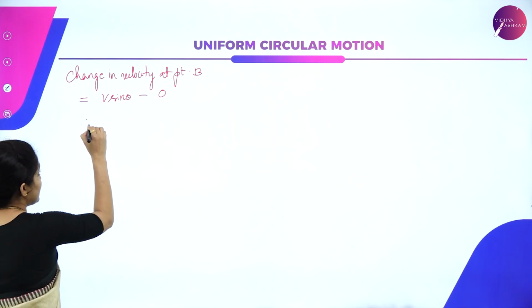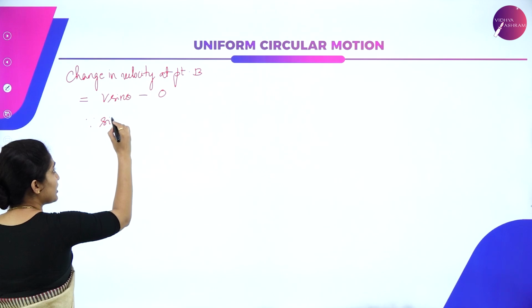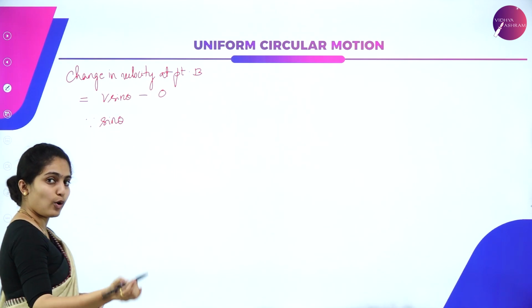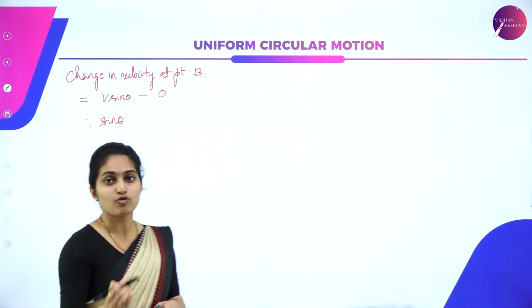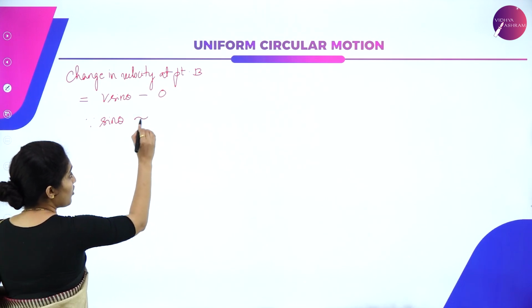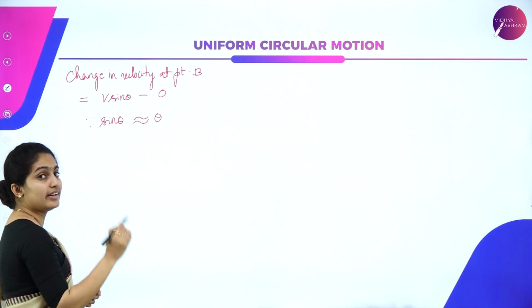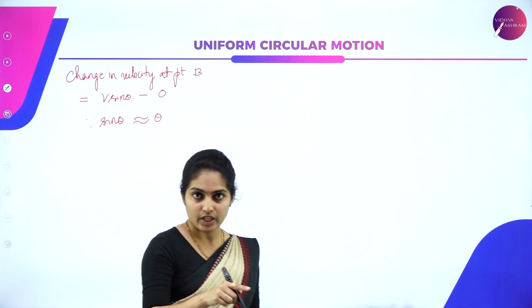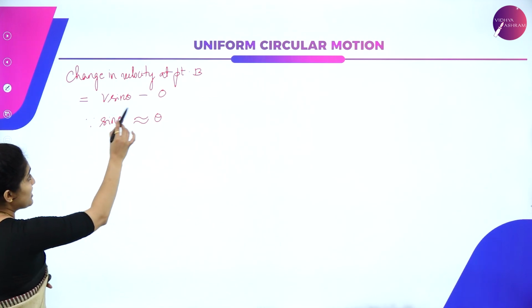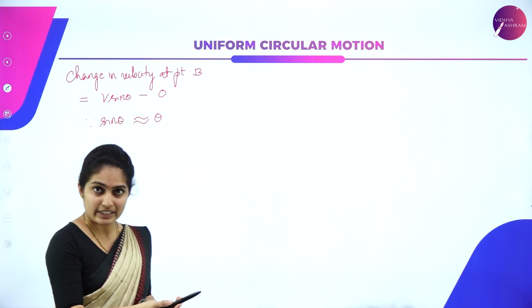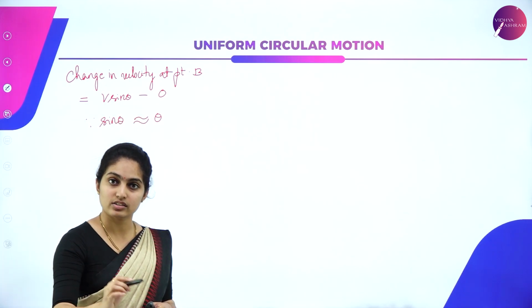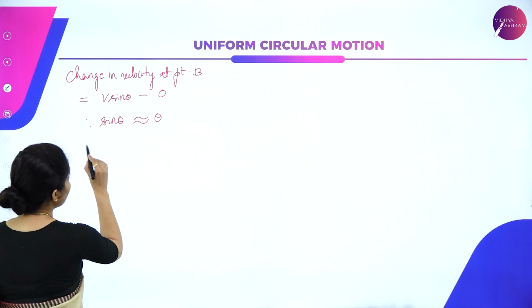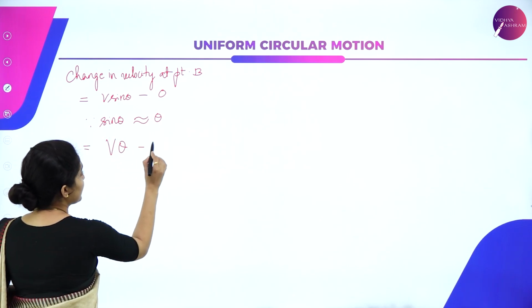Now, if the angle is very small, apply the same condition. Sin theta becomes approximately equal to theta. So we have V sin theta minus 0, which turns out to be V theta minus 0.